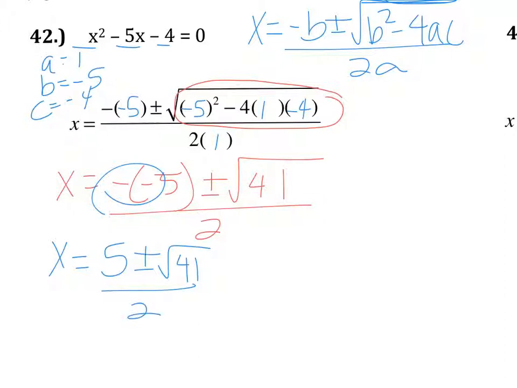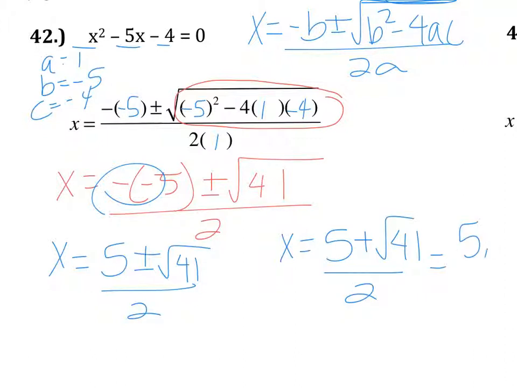Now this here is what we call radical form, but we also want to find the decimal. So in your calculator, you will do 5 plus the square root of 41, press enter, and then divide the whole thing by 2, and you should get something around 5.7.